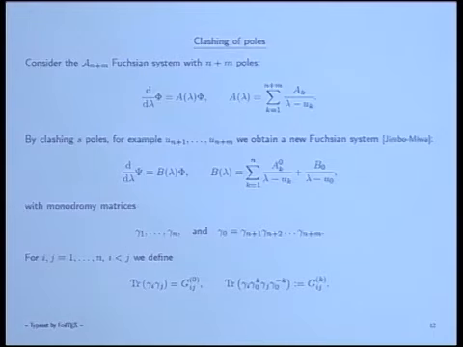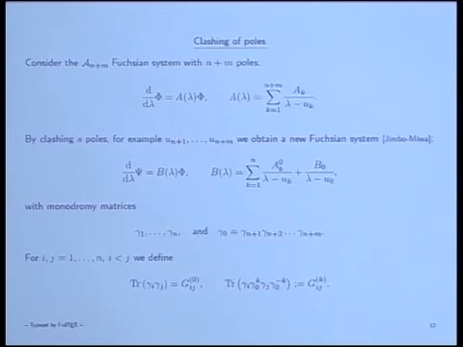We start clashing poles. So what I consider is a Fuchsian system now with n plus m poles, okay? I just decide to call the number of poles n plus m. And then I decide to clash, sorry, that should be an m, I decide to clash the last m poles, okay?